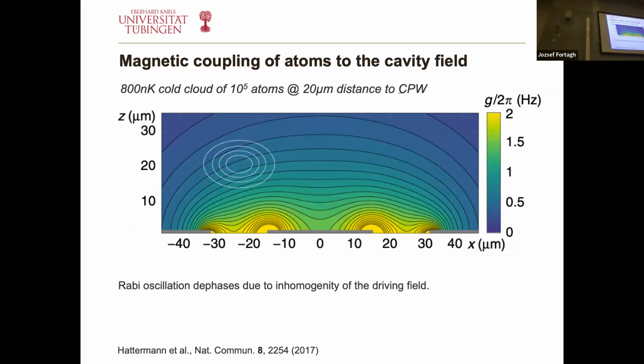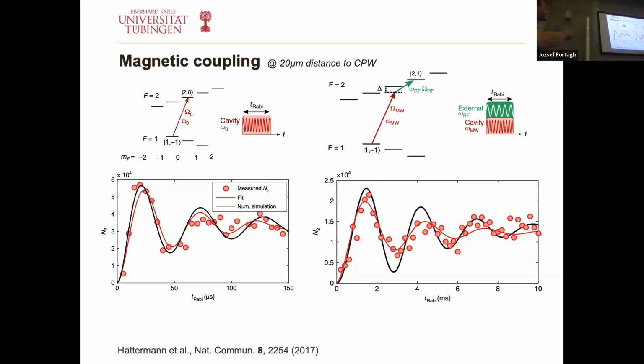What is illustrated in this picture is the coupling strengths, the single photon, single atom coupling, which is strongly inhomogeneous. So essentially, we have eliminated the differential Zeeman shift of the first pair of hyperfine states, taking the two-photon transition.